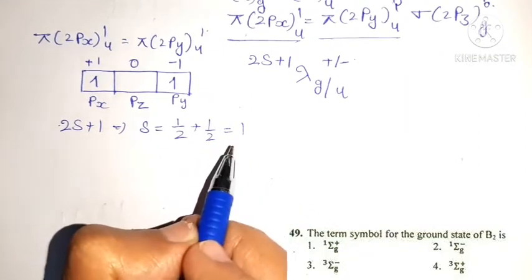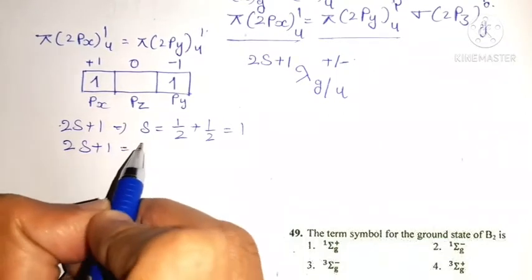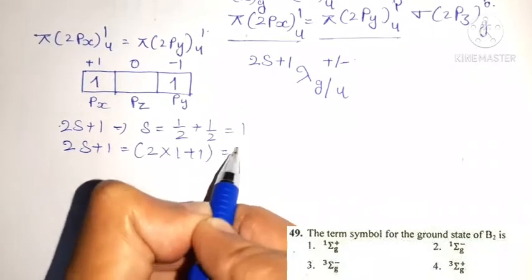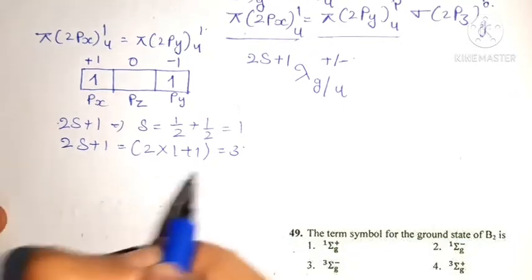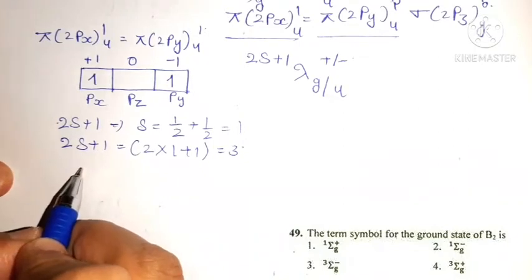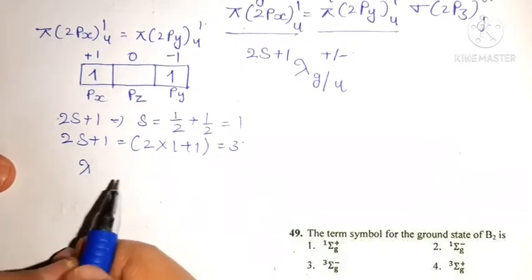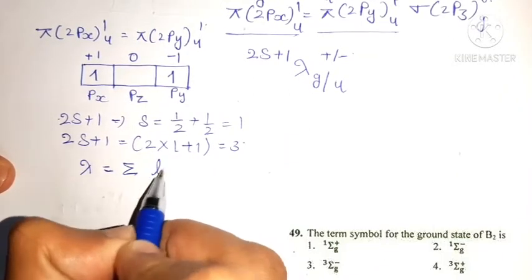So the value of S is 1, and 2S+1 equals 2×1+1, that is 3. So the value of 2S+1 is 3. The next thing is Lambda. We know Lambda is equal to Sigma when the value of L is 0.